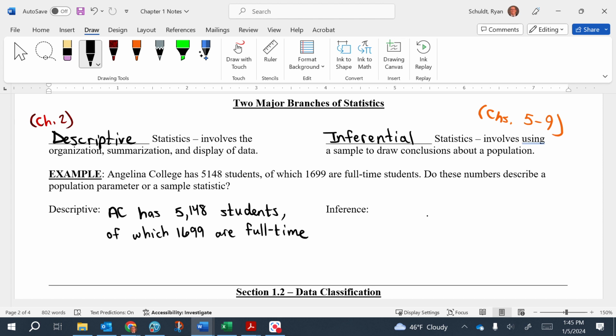Inferencing, you're just making almost vague conclusions. So I could say that most students are part-time students.